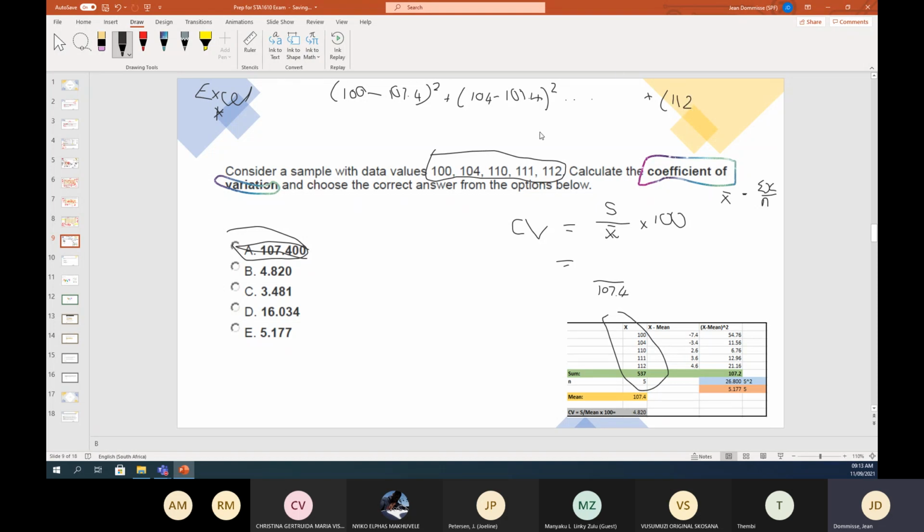That is what you should have done if you didn't do it in Excel, by hand.